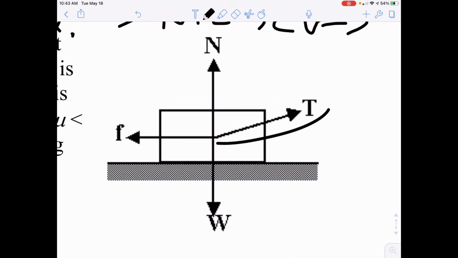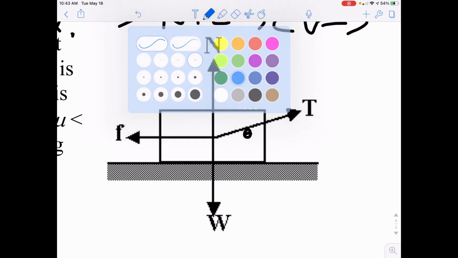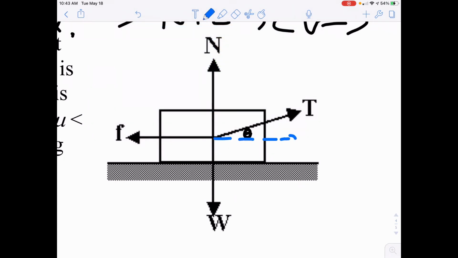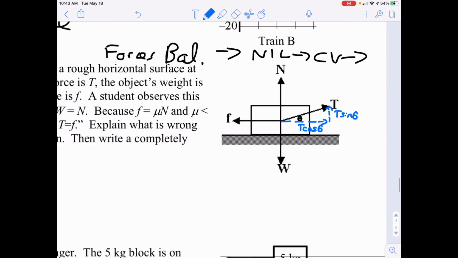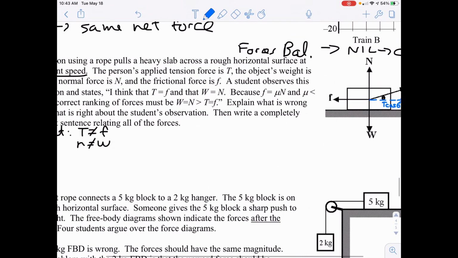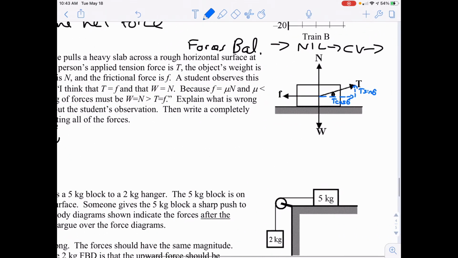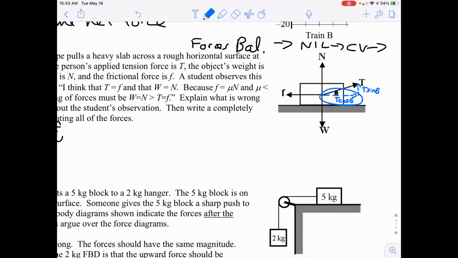You can see tension is applied at an angle theta. So we need, ladies and gentlemen, vector components. This side here would be T cosine of the angle. This side here would be T sine of the angle. So if I start here, tension does not equal friction, rather T cosine of the angle equals friction.